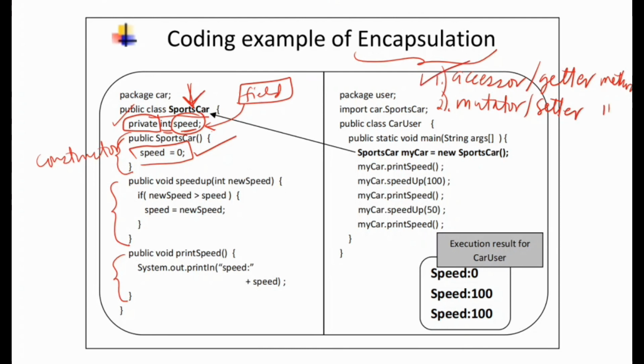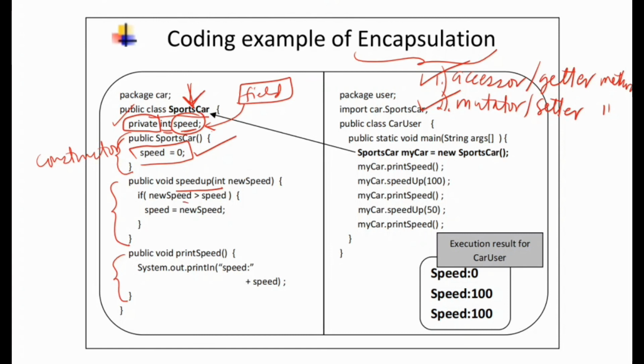An accessor method is used to retrieve the value of the private field and return that value to the caller class. A mutator is for the caller class to change or set the value of the private field into some value provided by the caller class. So what do you call speed up? Is it an accessor or mutator method?